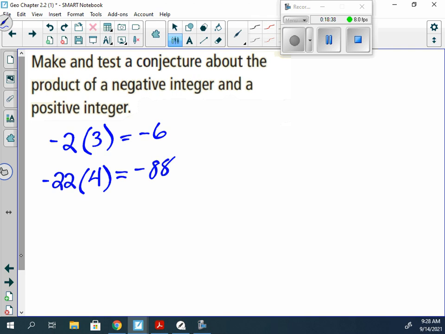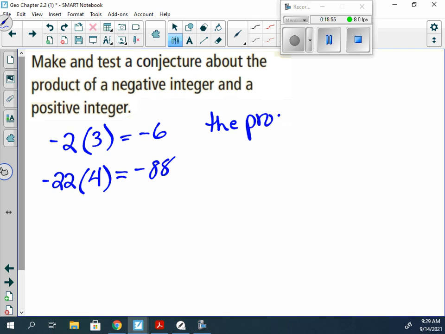Well, I think you already know what this is, or should. What do we know about the product of a negative integer and a positive integer? A negative, because as we've always said, a negative times a positive is a negative.